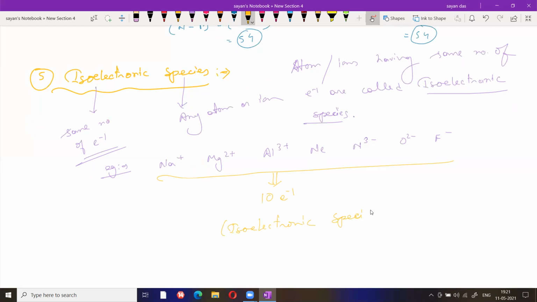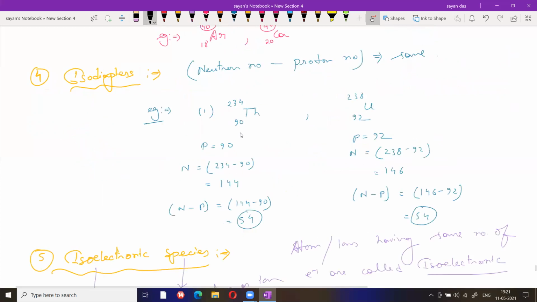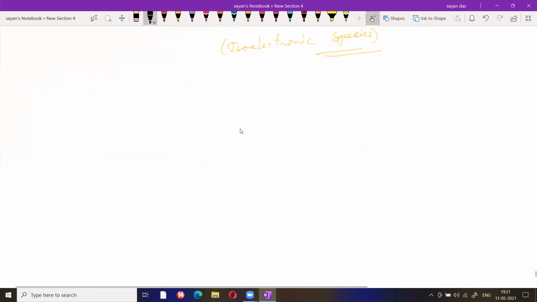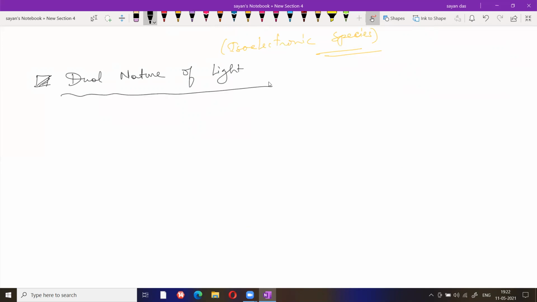Any doubt regarding this part? The next part is dual nature of light, Planck's theory. Now, we all know dual nature of light means light can possess two natures: the first is the wave nature, the second is the particle nature.